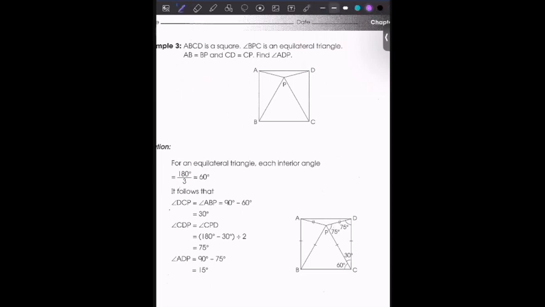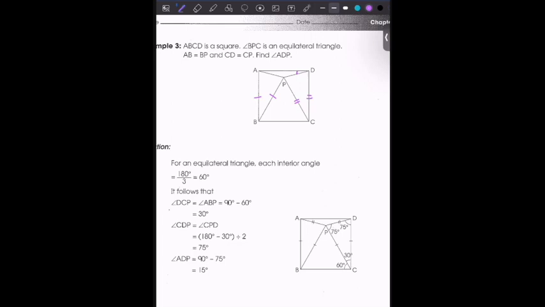And AB equals BP, so we'll denote that using these two ticks. And CD equals CP. And now we're going to find angle ADP. So we're looking for this angle.